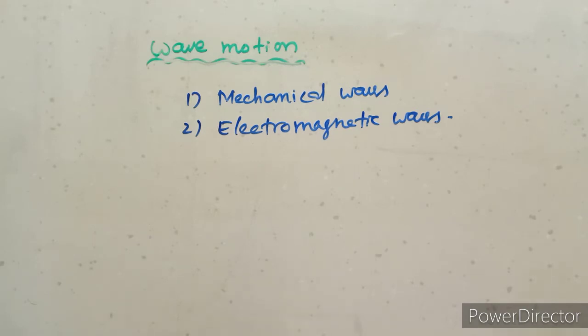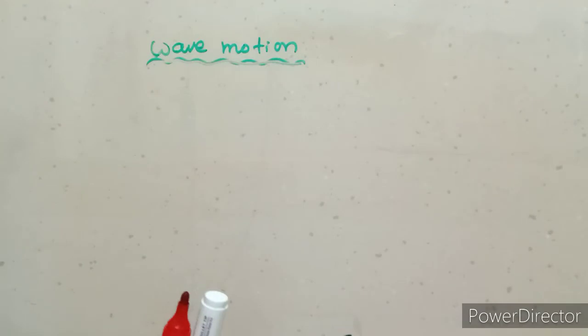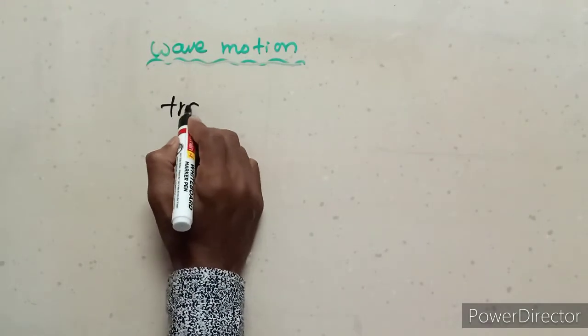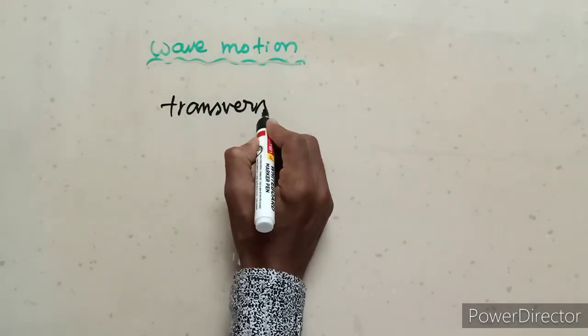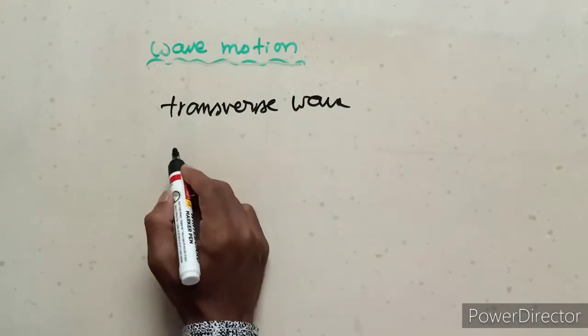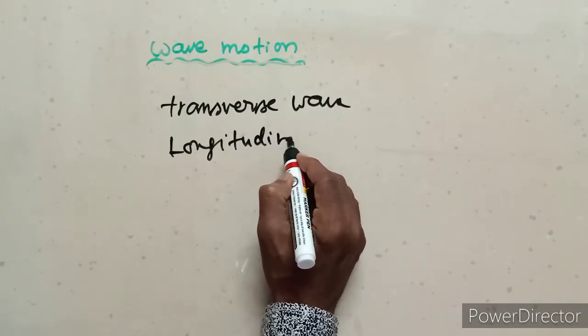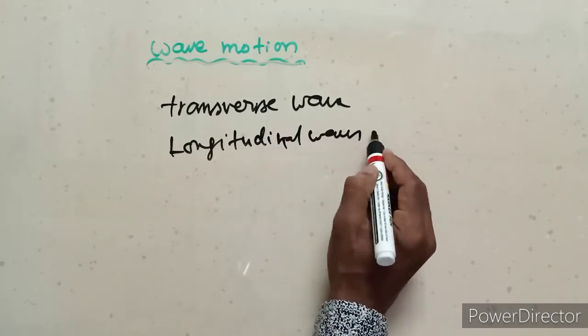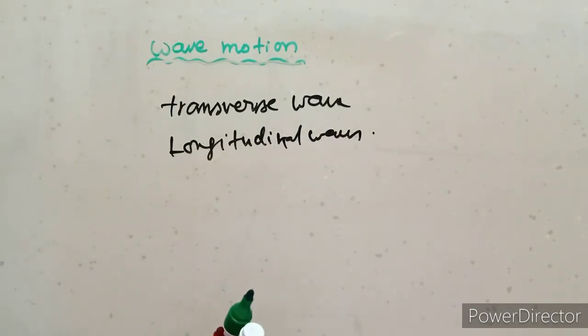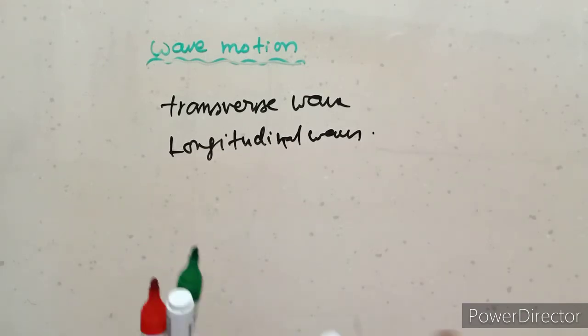And also wave motion is of two types: transverse waves and longitudinal waves. Waves are generally transverse waves and longitudinal waves, and wave motion is transverse wave motion and longitudinal wave motion.